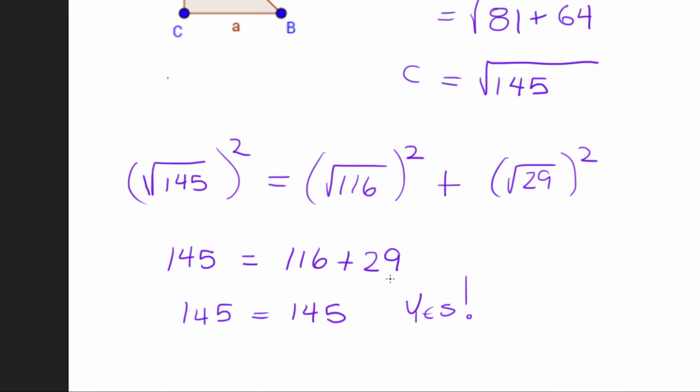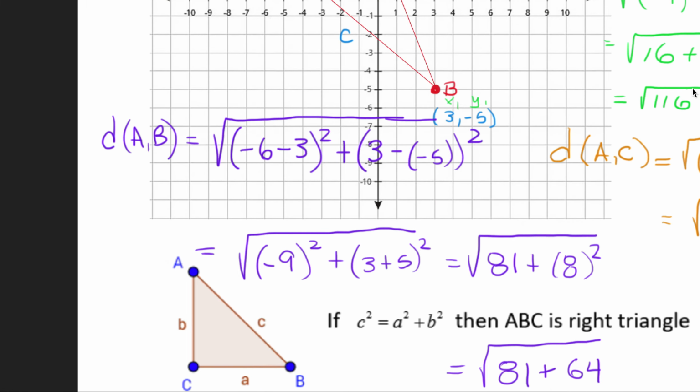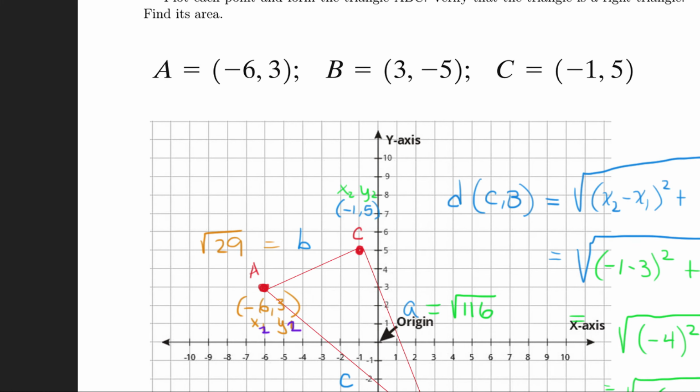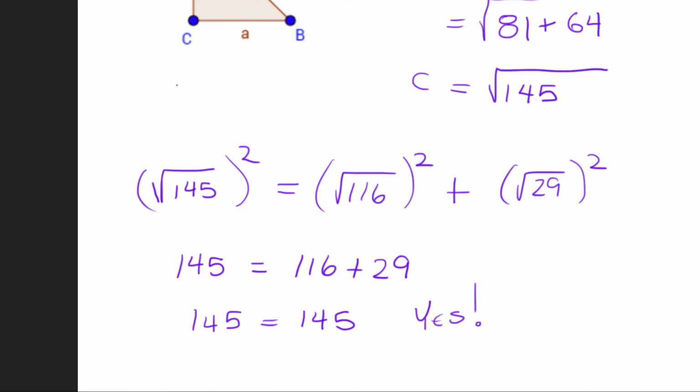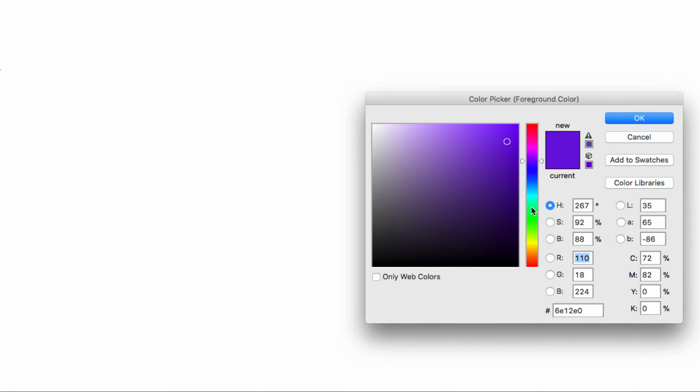Now, that's the second part. We still have one more part. It says, find its area. So once you know it's a right triangle, you can find its area. And how do I do that? Well, we need to use the area formula. What is the area formula?